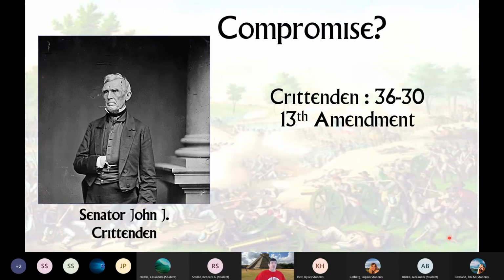A big difference. And so almost immediately compromise started. And there were 2 potential compromises. The Crittenden Compromise, John J. Crittenden of Kentucky, was to extend 36°30' to the sea. So basically make California half slave, half free too.